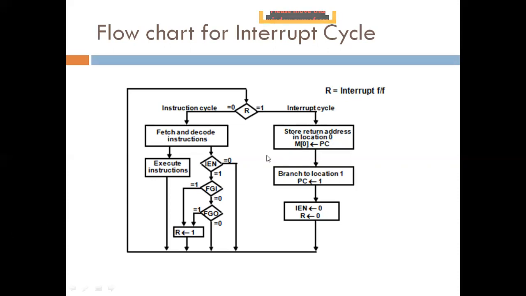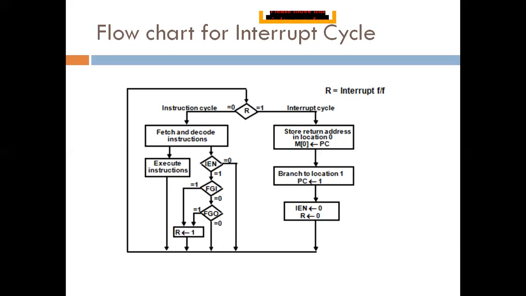Once again, if IEN is 1 and both flags FGI and FGO are 0, it indicates that neither the input nor the output registers are ready for transfer of the information.